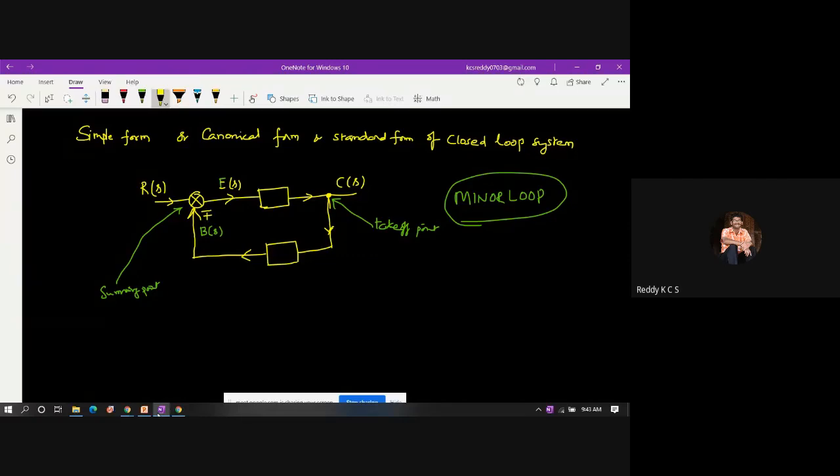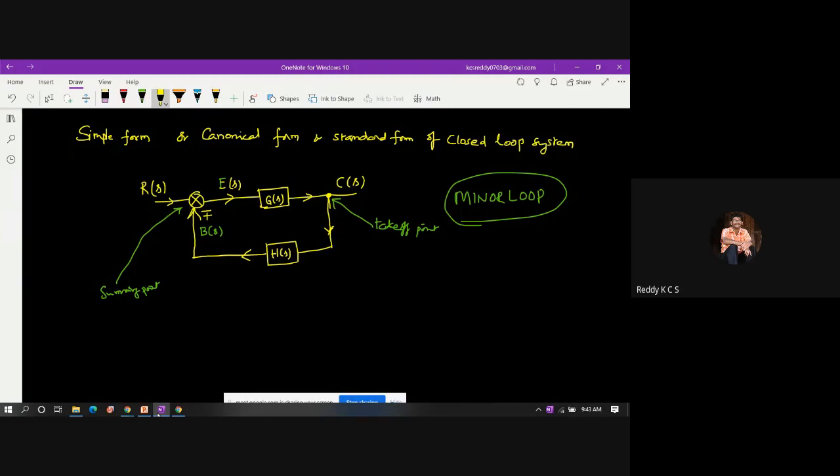I represent the transfer function of the forward block as G of S, and the transfer function of the block in the feedback path as H of S.